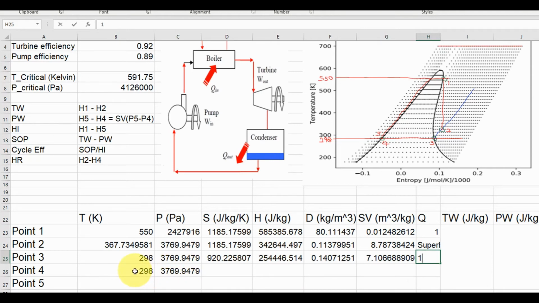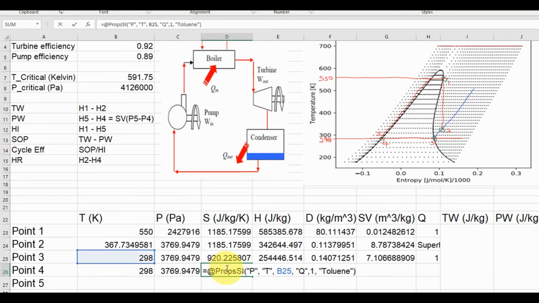We know the properties at the temperature, we know the pressure, and we also know that the quality of the fluid here is 0. So we could just use the same process. So here becomes paste. So rather than use 25, we're looking for the entropy. So this will be S. And here, rather than use B25, we're using B26, which is this temperature here.